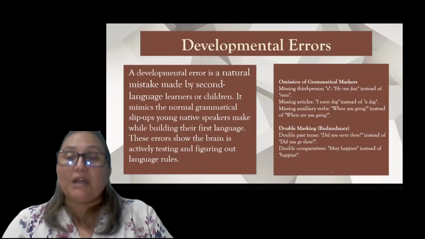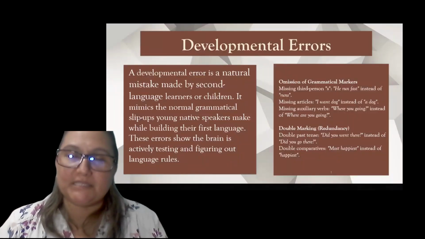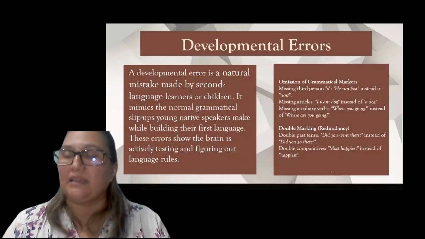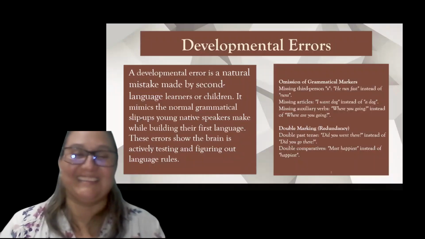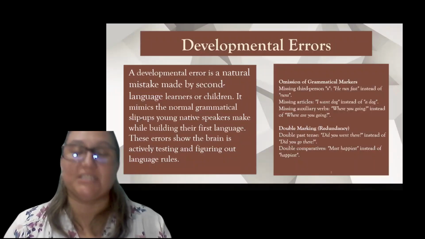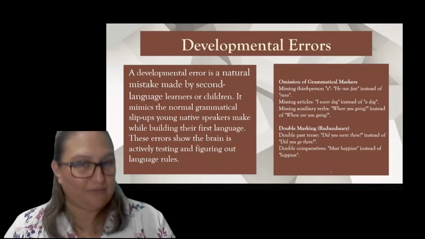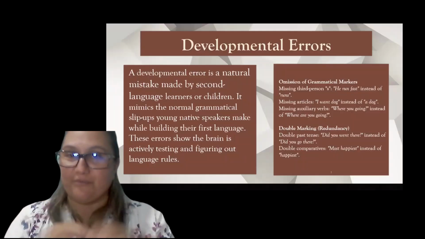And we have the double comparatives, the most happiest. I remember in Spanish we have something similar. We say something like mucho mejor. And I remember my teachers always told me there is no mucho in mejor. Either it's mucho or it's mejor, but not both of them.